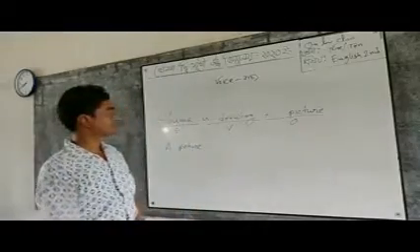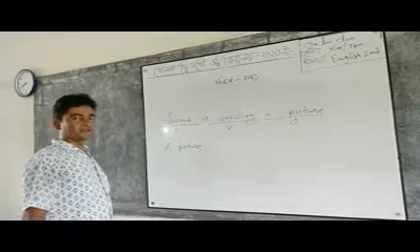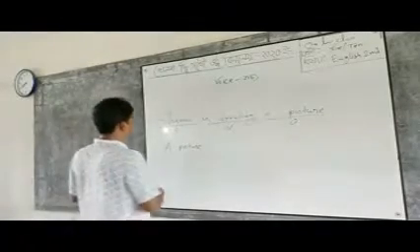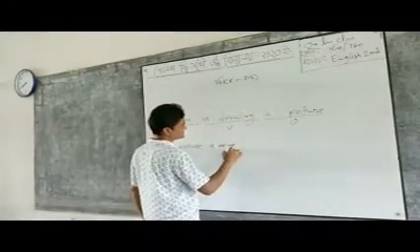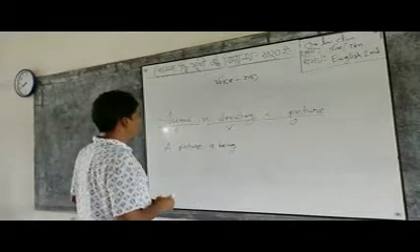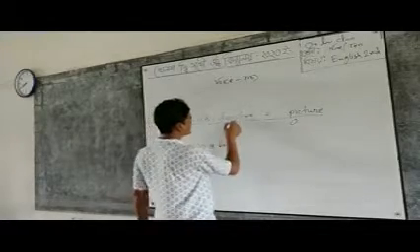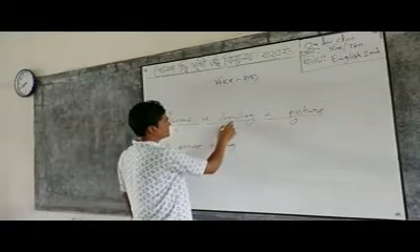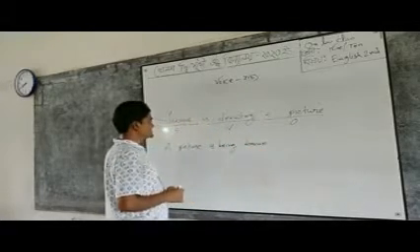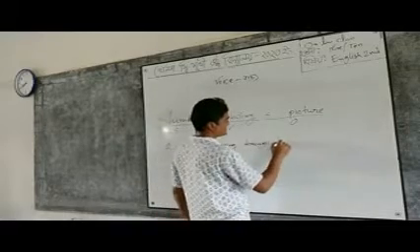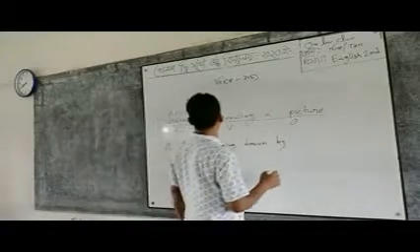If the tense is present continuous tense, we get an auxiliary verb: am being, is being, or are being. A picture is being. Now the main verb is always in the past participle form. The past participle form of draw is drawn. A picture is being drawn. We need a preposition by. Now the subject will be object, by Shima.